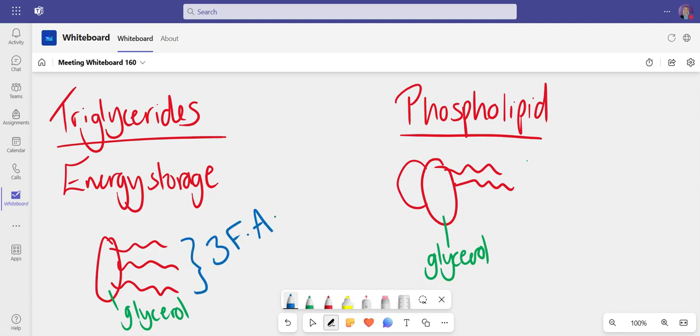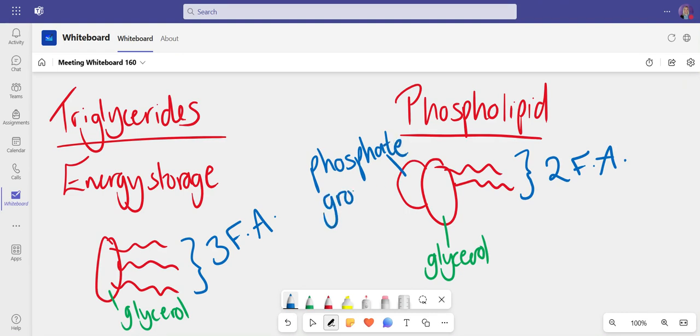Can you see what we've got in the phospholipid? We've got 2 fatty acids, so similar, but a little bit different. And then here we've got a phosphate group. So this is totally different. The triglyceride did not have a phosphate group like the phospholipid has. So that's our difference.